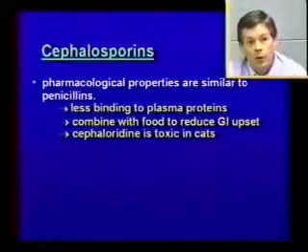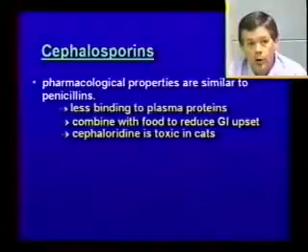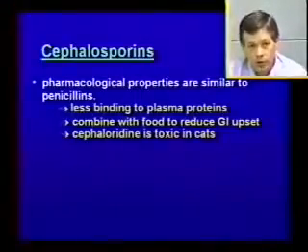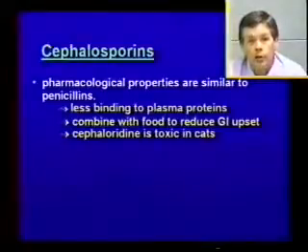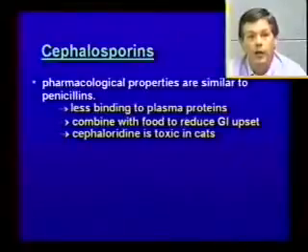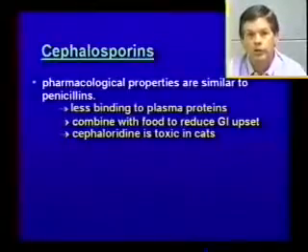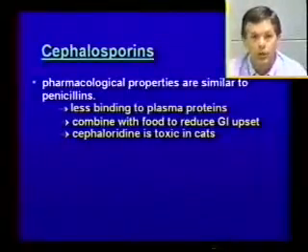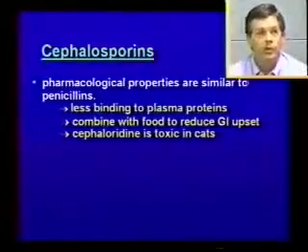And in fact, it's better to really think about what the differences are. Probably the biggest difference between these two classes of drugs is that cephalosporins in general tend to not be as highly bound to plasma proteins. And so they're less likely to interact with other types of drugs such as the sulfonamides or the barbiturates, which more commonly become a problem with penicillin therapy.